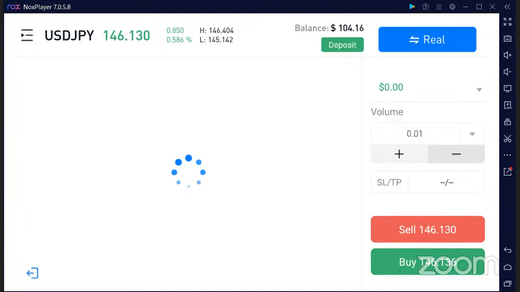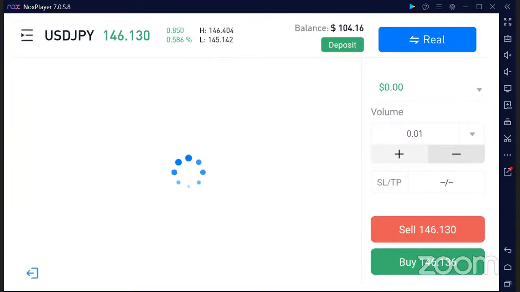And BTC Dana has a 30% stop out margin. So if you lose 30% of your margin, they are going to stop you out.